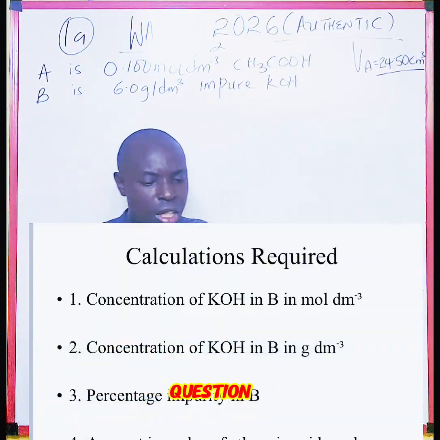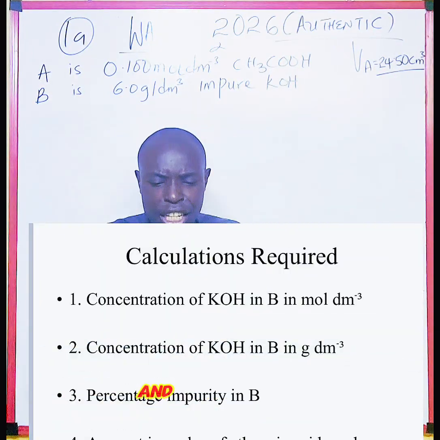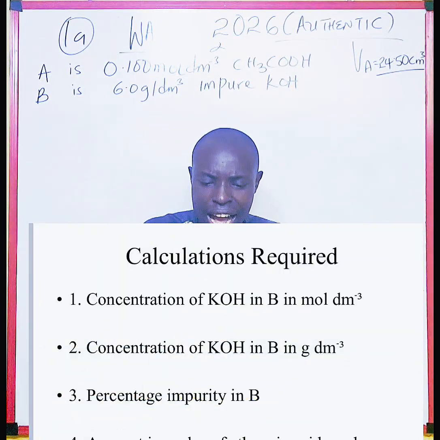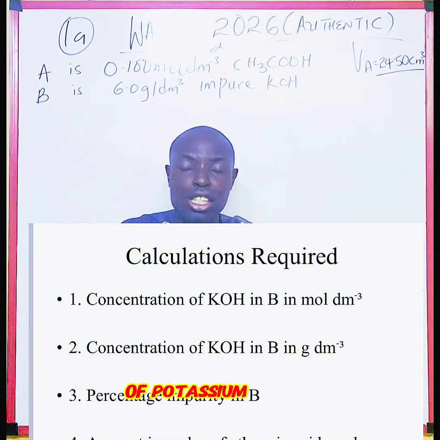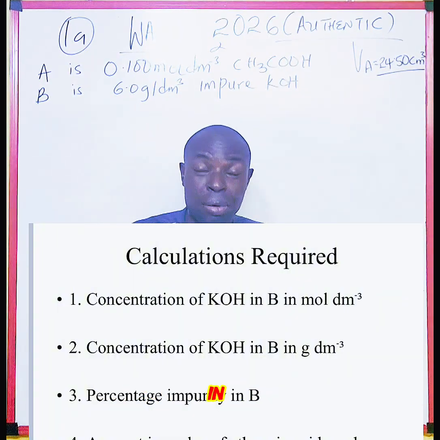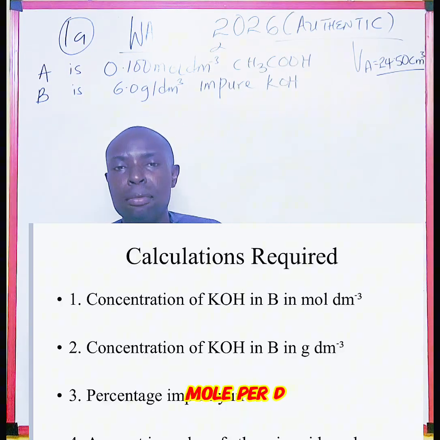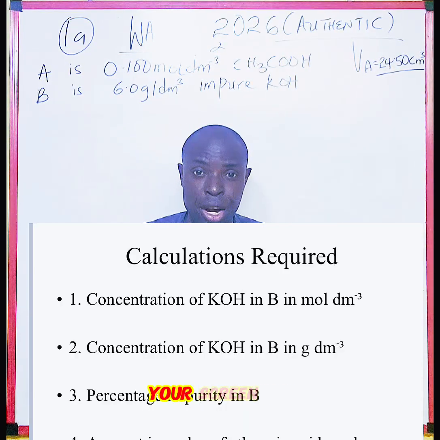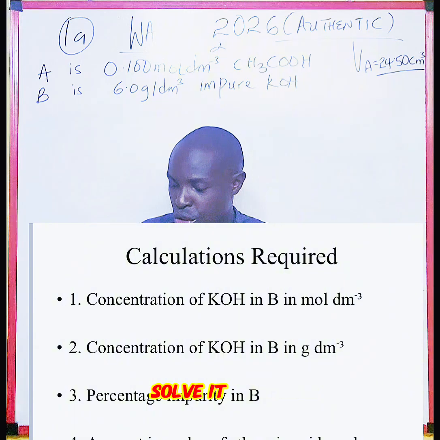Now the next question says, from your results and the information provided, calculate the concentration of potassium hydroxide in B in mole per dm cube, as you can see on your screen. So let us solve it together.